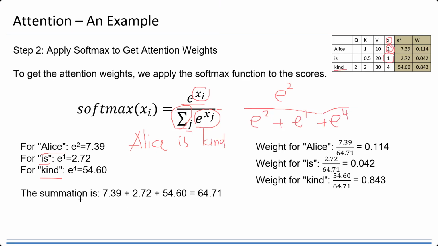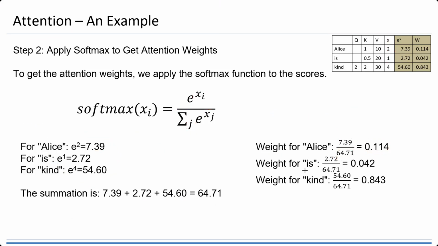And we can get the summation: 7.39 plus 2.72 plus 54.60. So this is the result. Then we can get the weight for Alice: 7.39 divided by 64.71. This is for Alice.